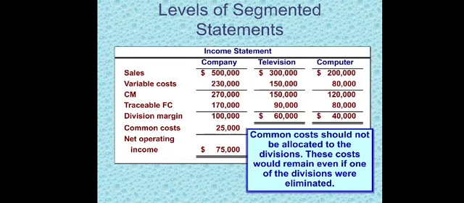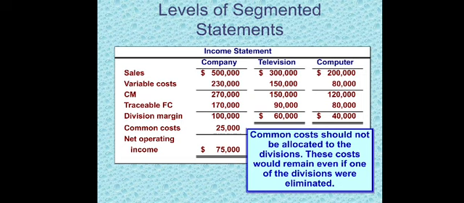Company income statement is sales 500,000, variable cost 230,000, and contribution margin is 270,000, and the fixed costs, there are two fixed costs there, traceable fixed cost and common fixed cost.